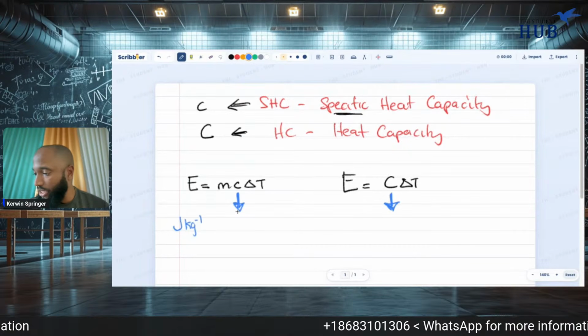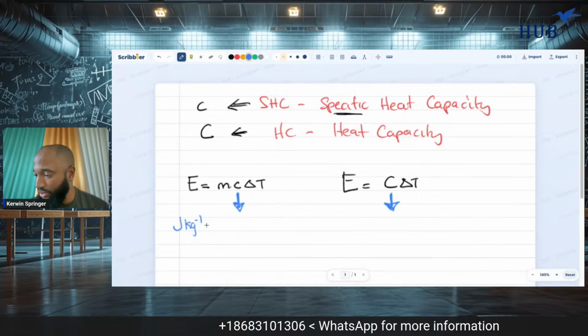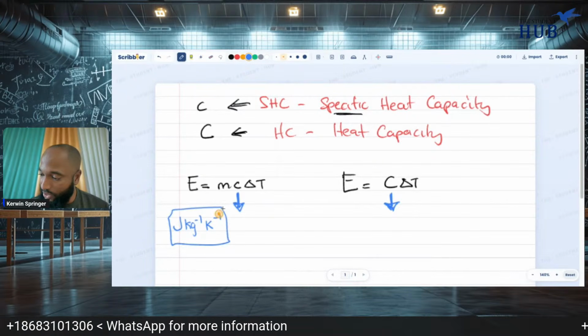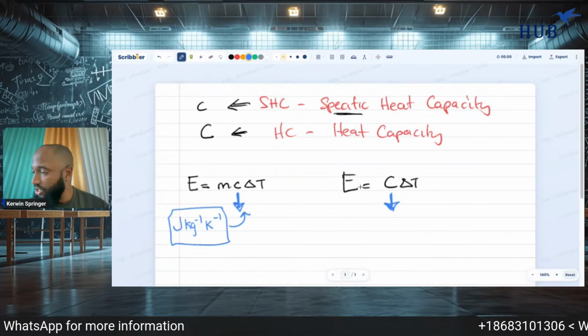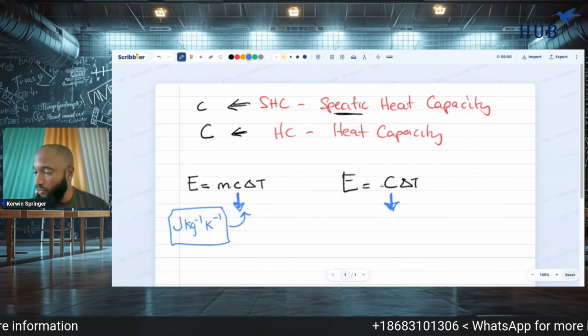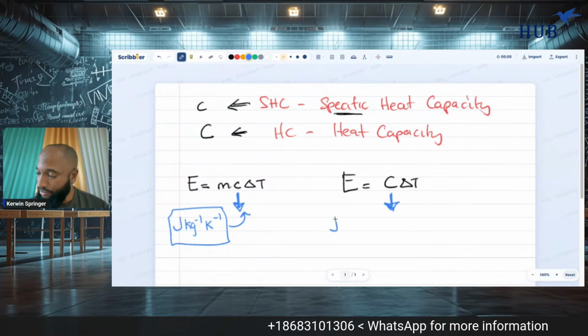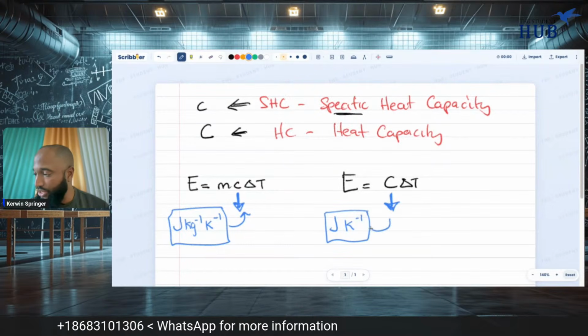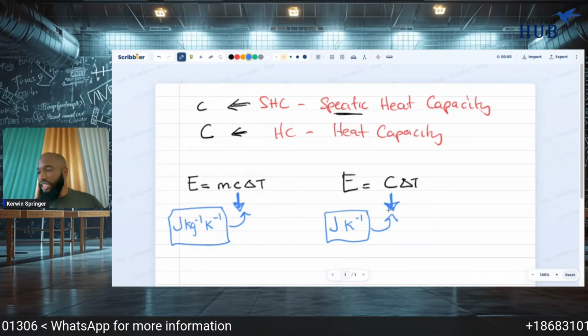And if I bring across the temperature, what is the unit of temperature? So that's per Kelvin. So this is the unit of specific heat capacity. If we want the unit of heat capacity, what do we do, just remove from this? The kilograms. So this is the unit of just heat capacity.